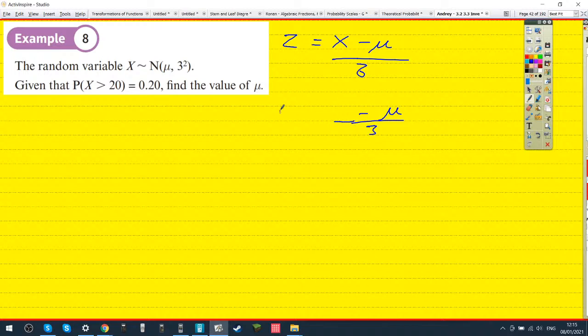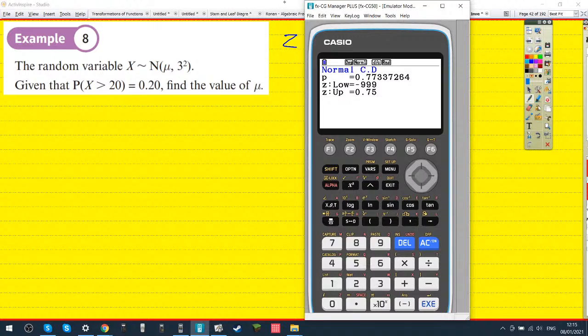The problem is we don't have Z and X. Is X 20? Probability X is greater than 20. So that would be 20. Yes. What about Z? How do we go about that? Z isn't 0.2, is it? Nope. For this, we can. So we're asked.